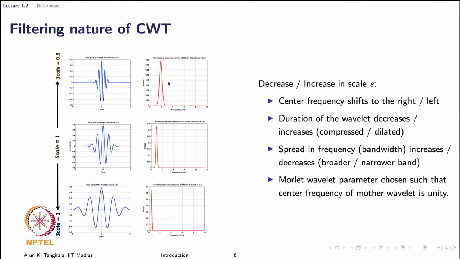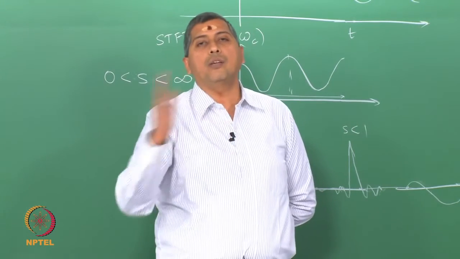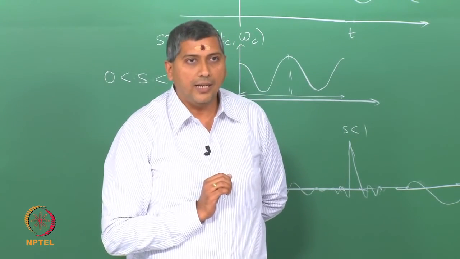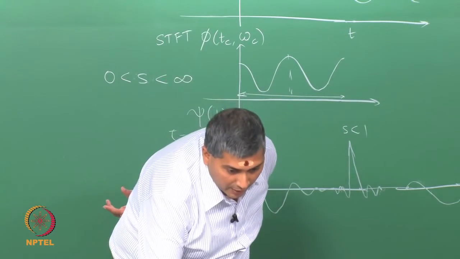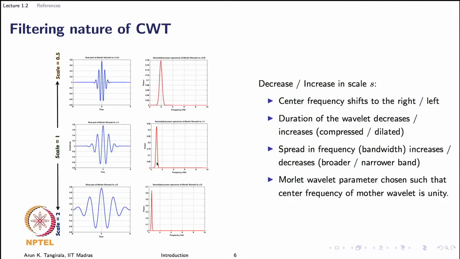The high frequency wavelet has a larger bandwidth, but of course, the center frequency has shifted to the right. What we mean by center frequency is where this bandwidth is centered around, or where this curve on the right is centered around. And for the low frequency wavelet, the bandwidth is smaller, that is narrower, but shifted to the low, obviously because it is a low frequency wavelet.